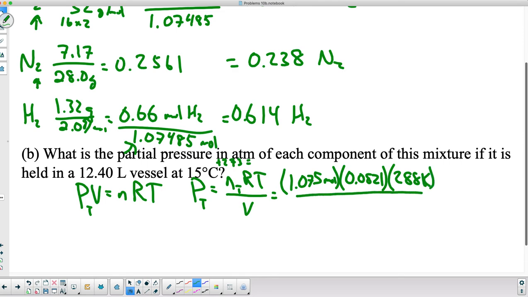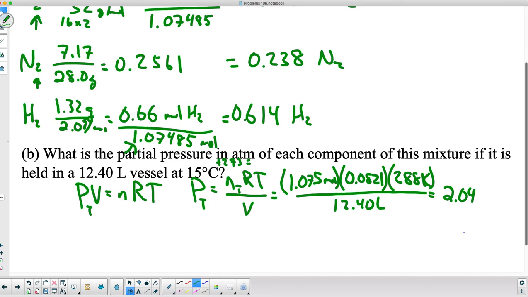And the whole thing is divided by 12.40 liters. Okay, whatever that pressure is now going to be, times 0.0821 times 288 equals that, divided by 12.4. And that's going to be my total pressure.